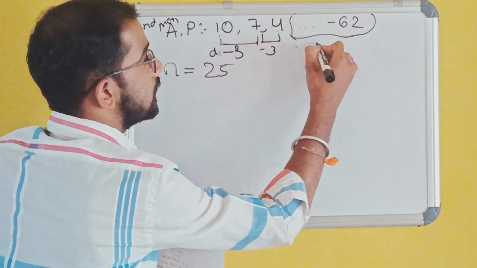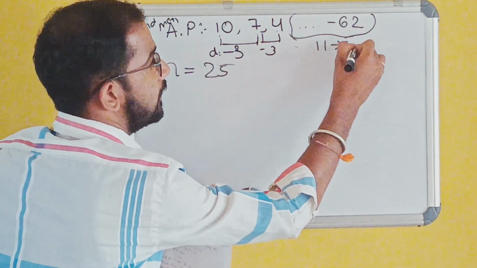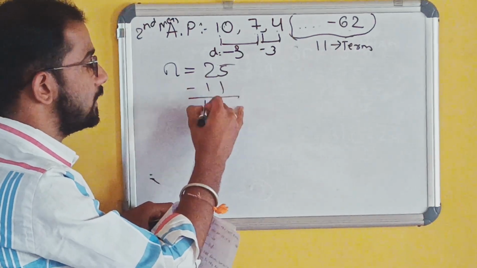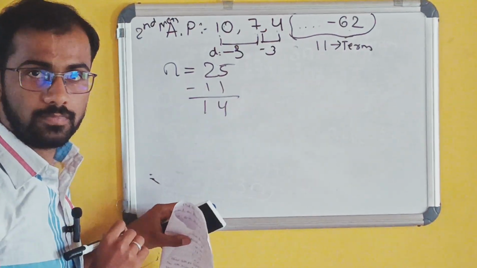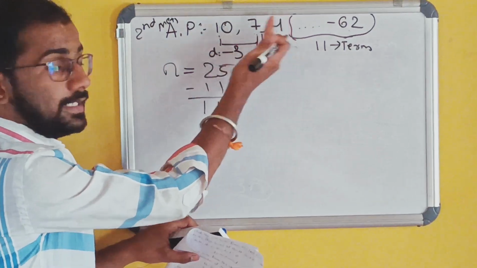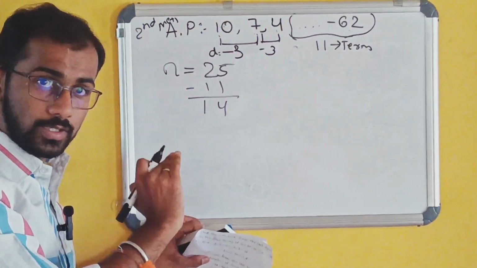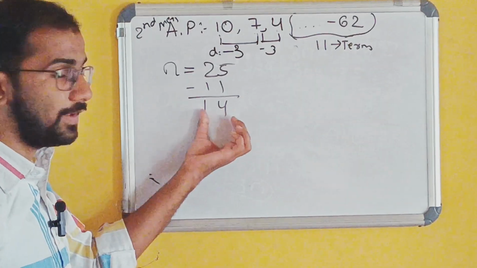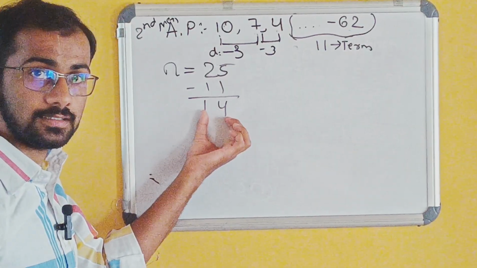if you subtract these 11 terms, imagine what value we are getting. 25 minus 11 means it will become 14. Okay, remaining terms are 14. In terms of n, how can we write 14?